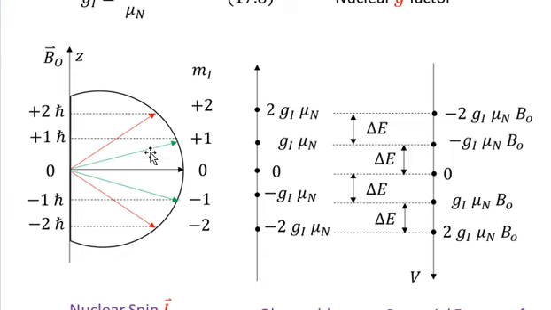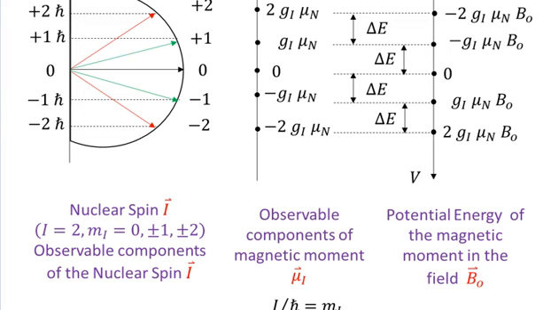And on the right hand side of the figure, I have written down the spin magnetic quantum number Mi of the nucleus, which is plus 2, plus 1, 0, minus 1, minus 2. So you see that here I am taking the value of the spin quantum number to be equal to 2, that is I is equal to 2. So when I is equal to 2, then the spin magnetic quantum number Mi will be equal to 0, plus minus 1, plus minus 2.